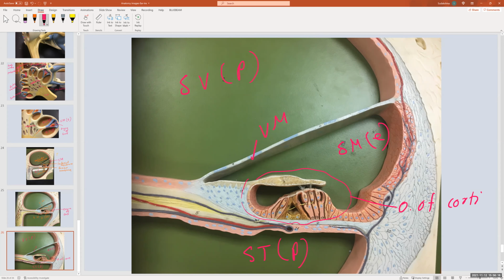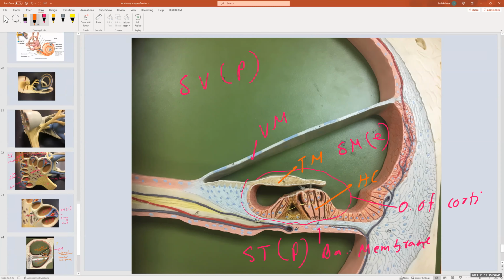This will be the vestibular membrane. This will be the basilar membrane. And we have tectorial membrane, hair cells.